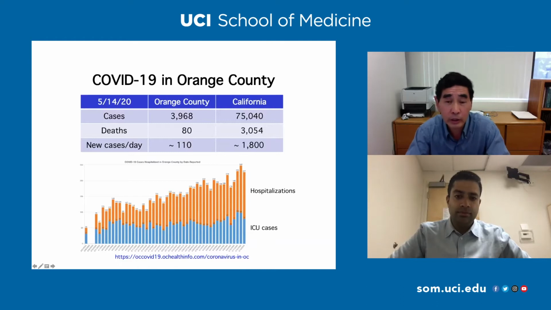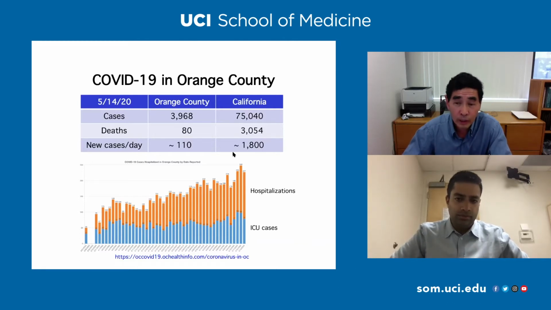Now, one of the issues with tracking the number of cases is that it somewhat depends on testing, and we know that testing rates are not the same everywhere. So if you test more, you may identify more cases. And so what I look for are the number of hospitalizations and the number of patients in the intensive care unit. This is a measure of the patients with more severe infection and is unlikely to be influenced that much by testing rates.